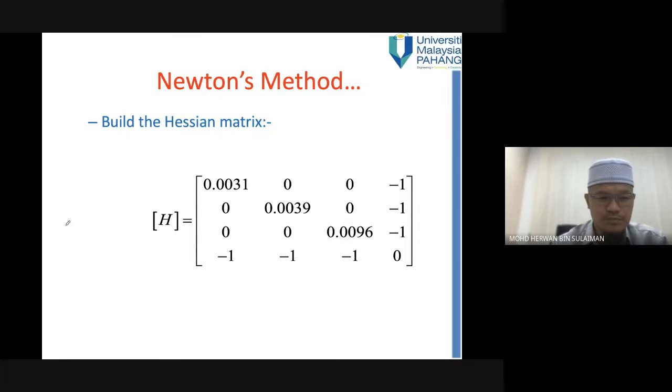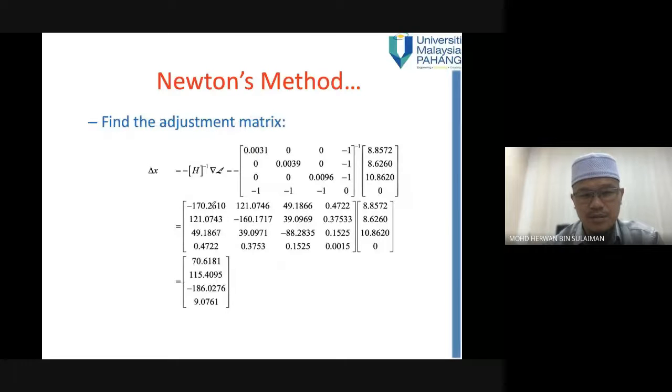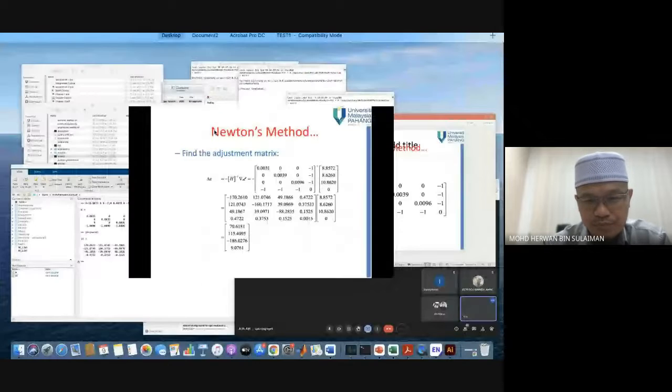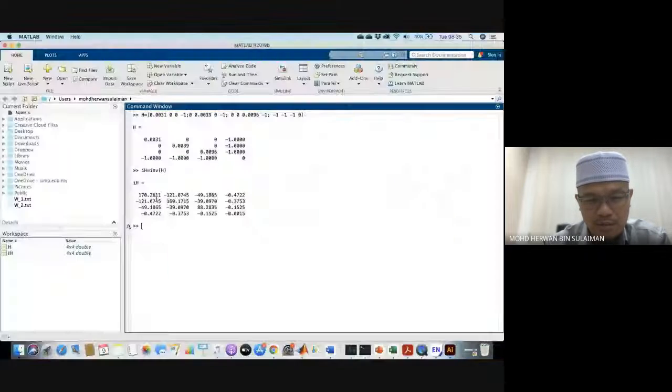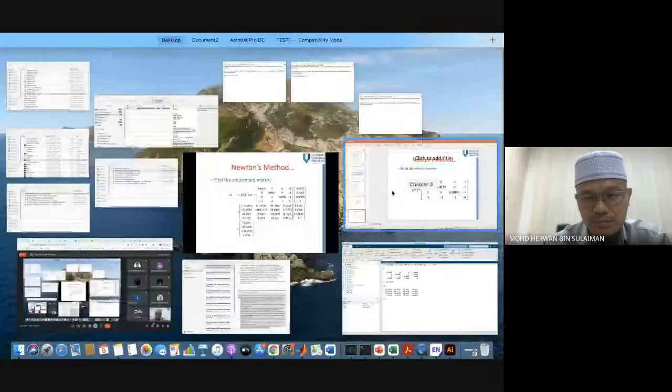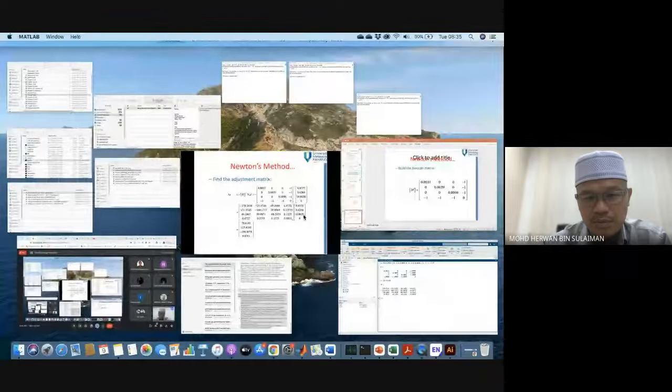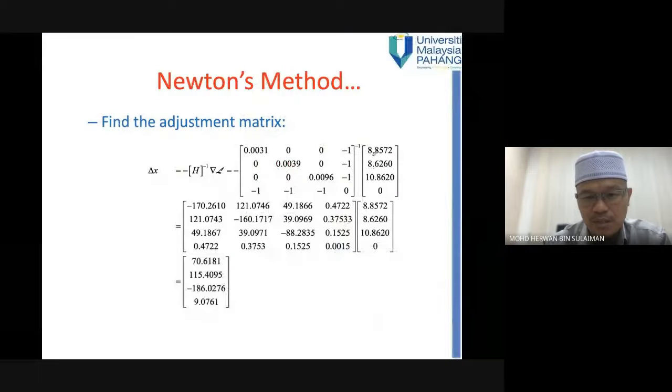So Kramer. Petua Kramer. Okay. So you dapat inverse. And then you darabkan dengan negatif. So kalau MATLAB tu dapat lah. Darab negatif 1. Itu dapat this value. Darabkan dengan you punya 2 lambda tadi.